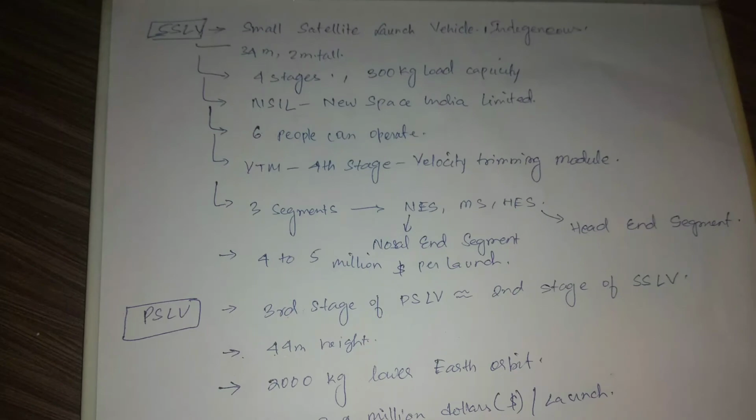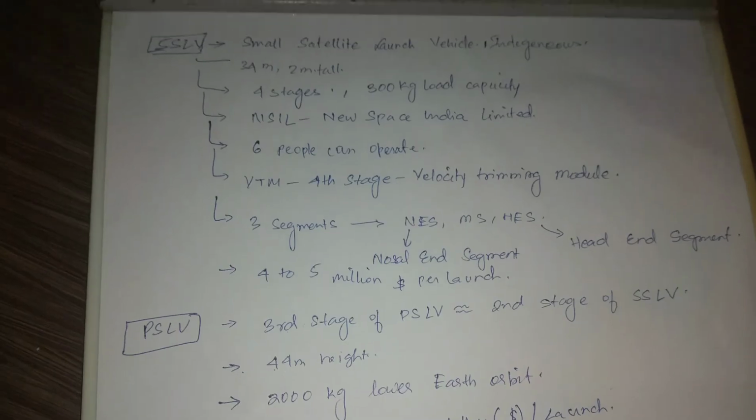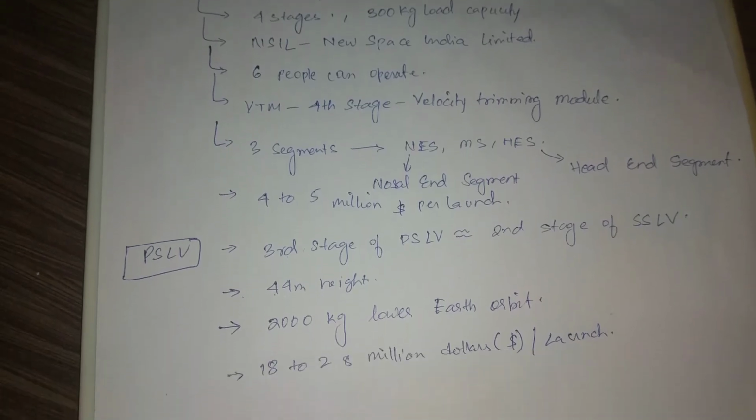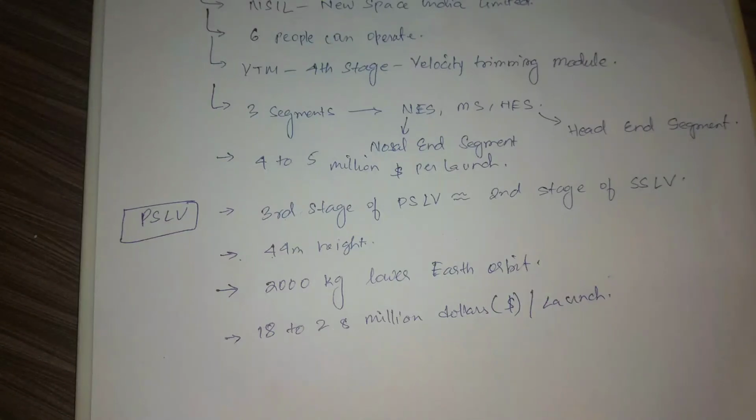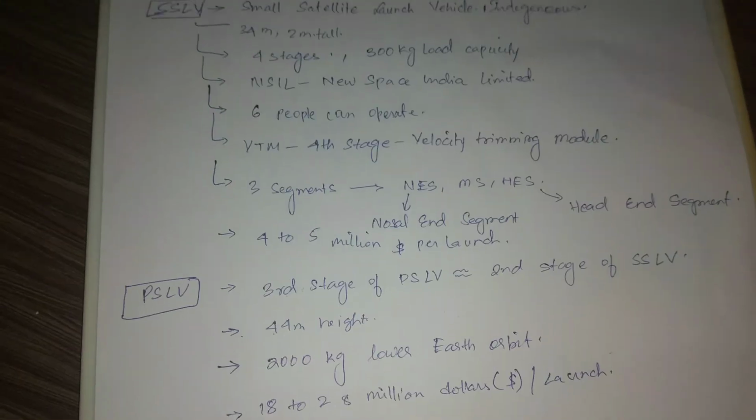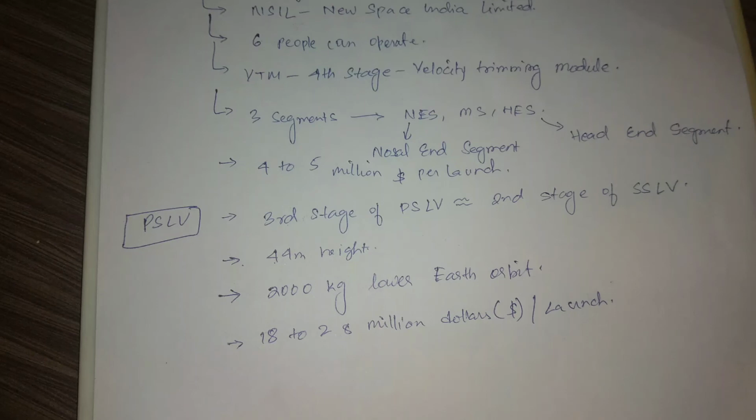PSLV, its height is 44 meter, you can see. And it operates in 2000 kilogram. So it means its weight is 2000 kg, and it operates in lower earth orbit. And the launching cost is 18 to 28 million dollars.